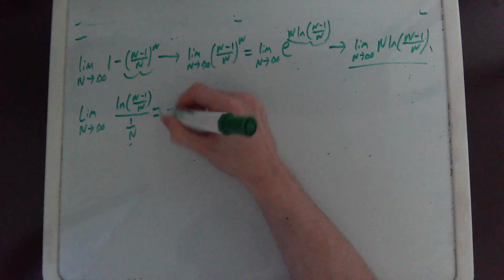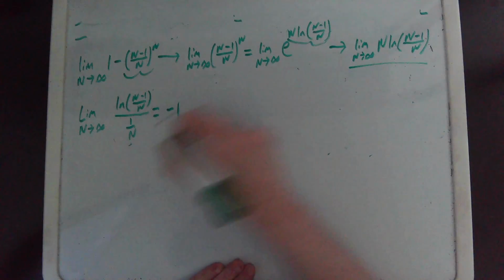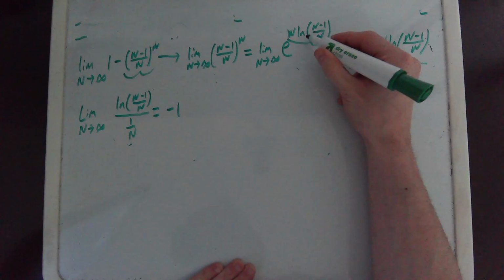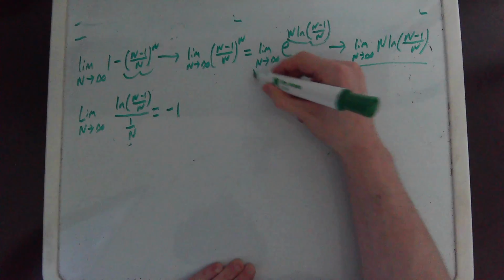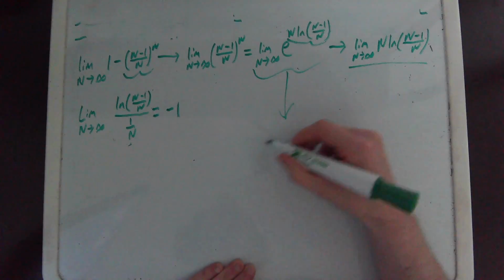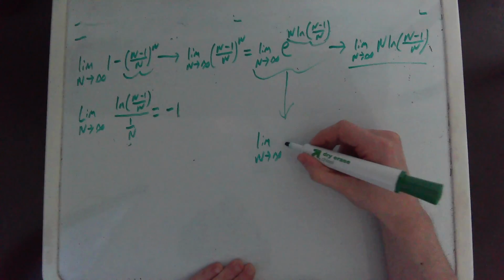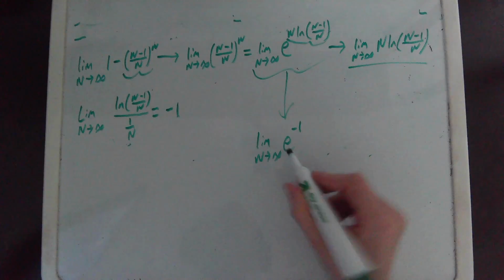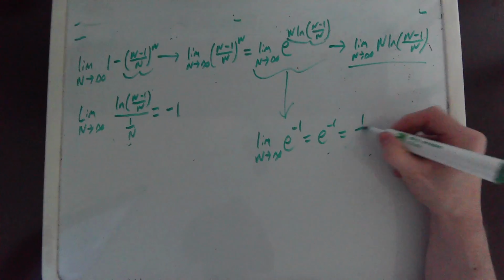Now that we have this negative 1, remember that this was really just us evaluating the limit in this exponent right here. So now that we know that this thing converges to negative 1, we really just have the limit as n goes to infinity of e to the negative 1. And there's no more n anymore, this just equals e to the negative 1 or 1 over e.